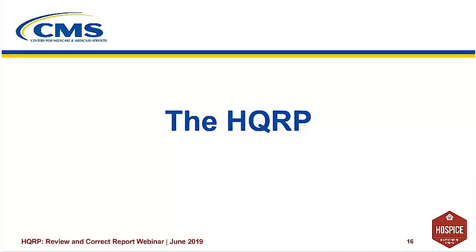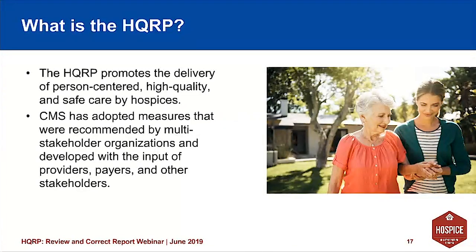Hi there. Thank you, Sharon. So let's start with a review of the Hospice Quality Reporting Program. What is the HQRP and why is it important? The Affordable Care Act authorized the establishment of a quality reporting program for hospices and specifies that hospice programs shall submit data on quality measures.